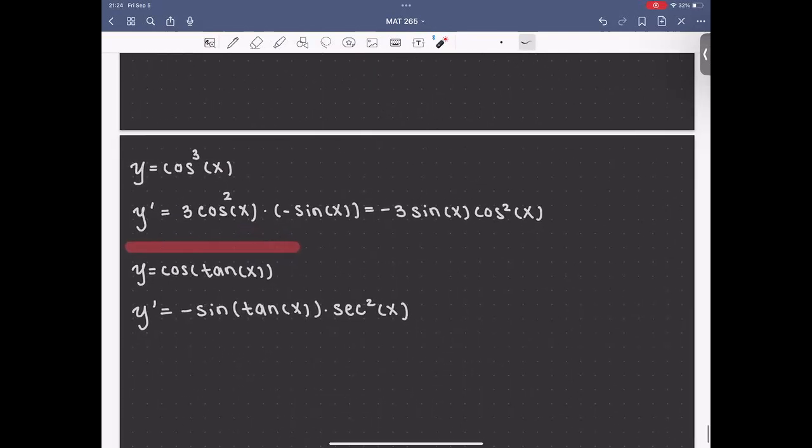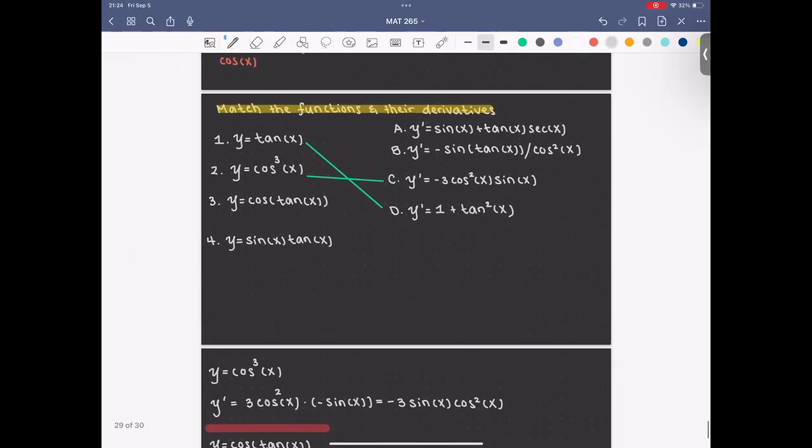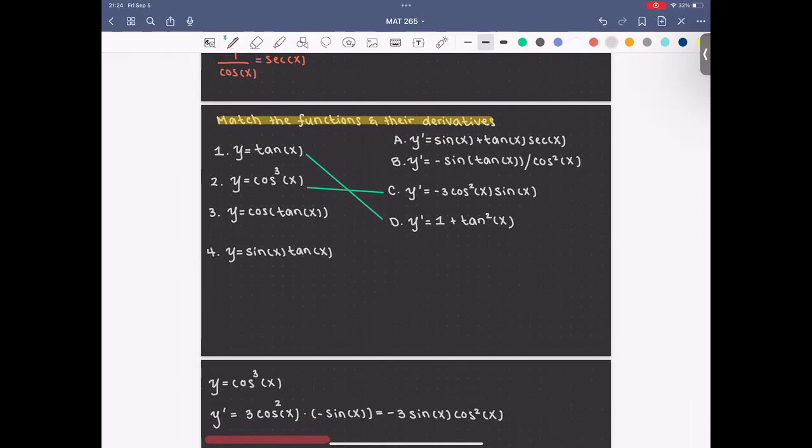Well, what's secant squared of x? It's 1 over cosine squared of x, right? So this is the same thing as negative sine of tangent of x divided by cosine squared of x. Very good. So that tells us that 3 matches to B.